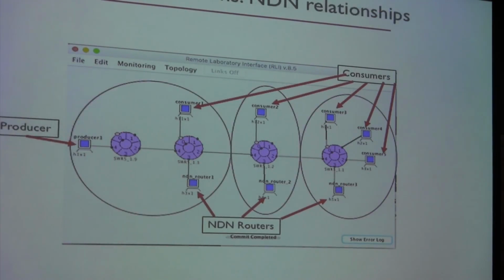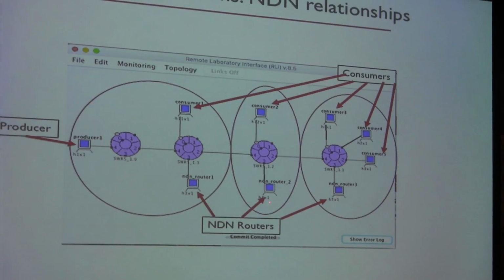What I'm going to do is organize that into NDN resources. And so here I'm going to have this set of hosts and routers. I'm going to make this my producer. I'm going to make this consumer 1. And this is NDN router 1. And so consumer 1 and producer 1 are going to use NDN router 1 as their gateway router. So any NDN interests or data they send will go through NDN router 1.